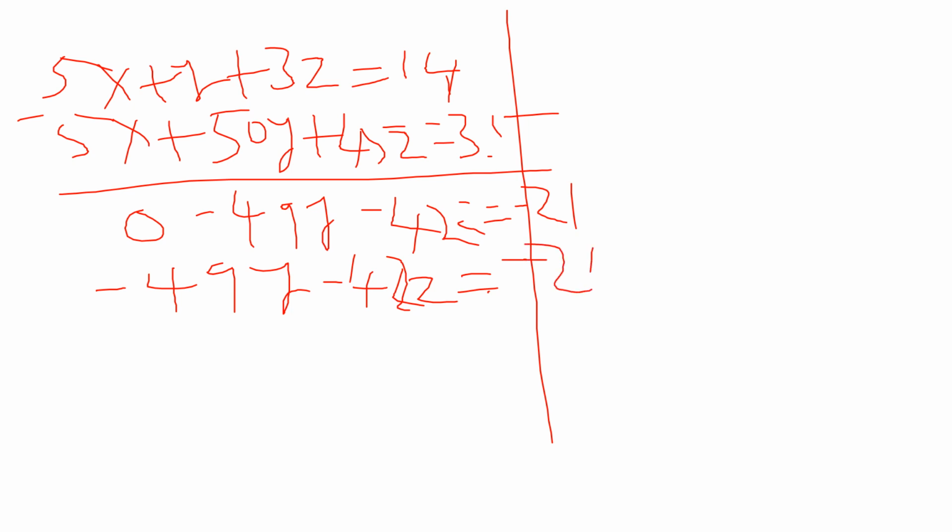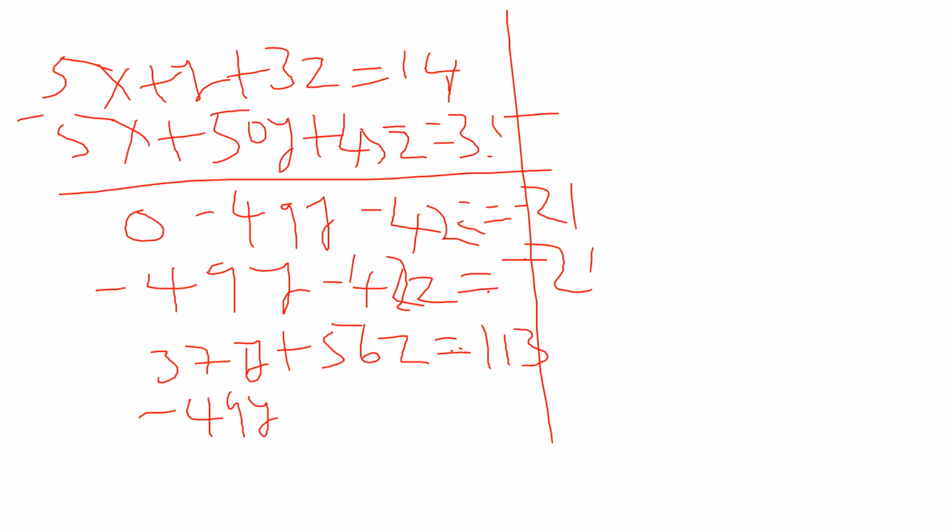So now we can use our second pivoted equation, which was 37y plus 56z is equal to 113, and then our second equation is negative 49y minus 42z is equal to negative 21.